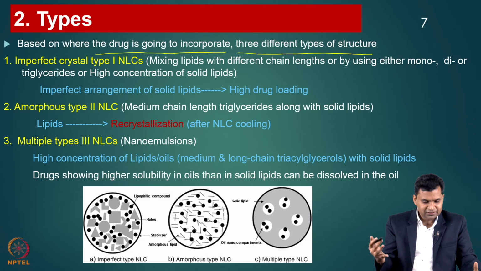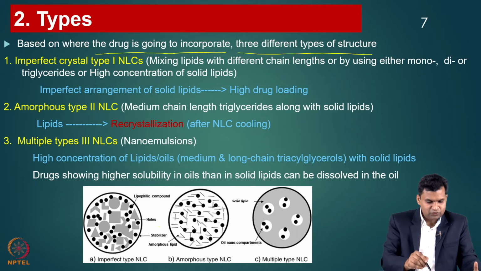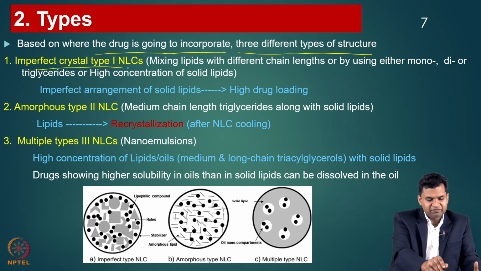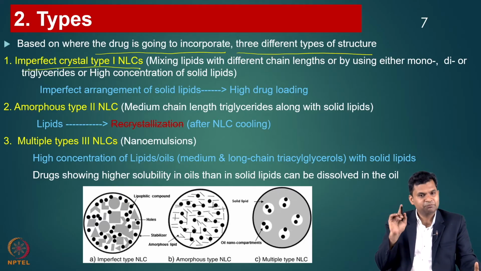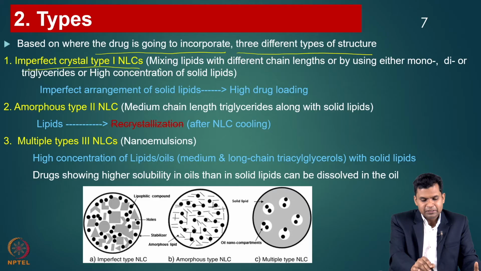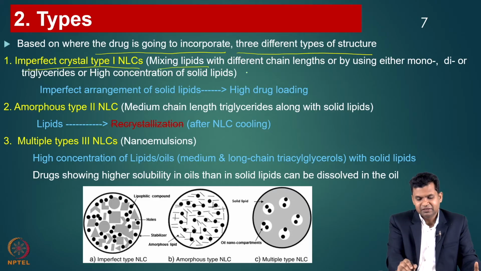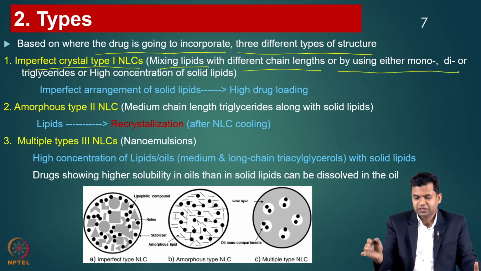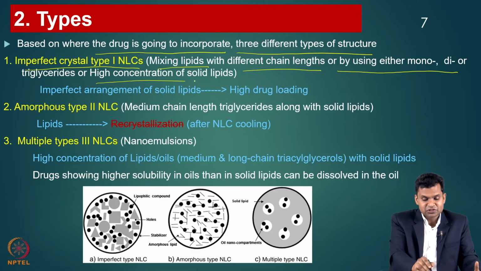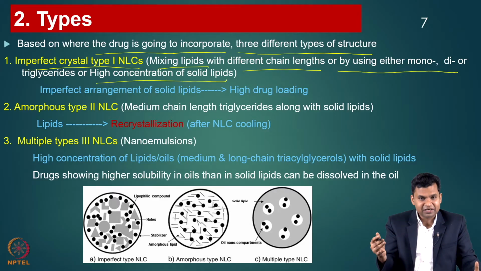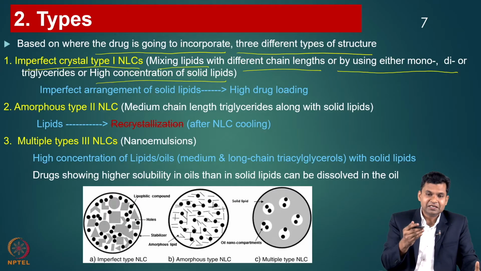Now we can see here, this is the first one, the imperfect crystal type 1 NLCs. So here we'll mix the lipids with different chain lengths, or by using mono-, di- or triglycerides, and the concentration of the solid lipid is very, very high compared with the liquid lipids, right?